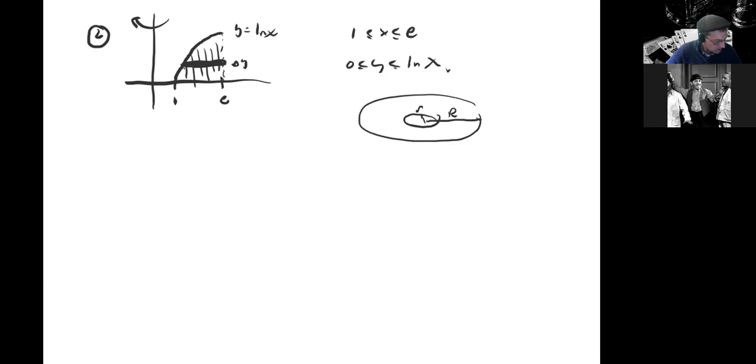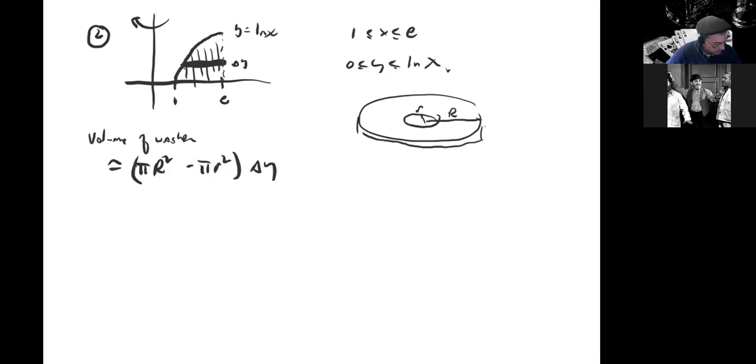So the volume of this thick washer of thickness delta y is approximately given by pi times big R squared minus pi times little r squared times delta y. And big R is given by e, so it's pi e squared minus pi times little r squared.